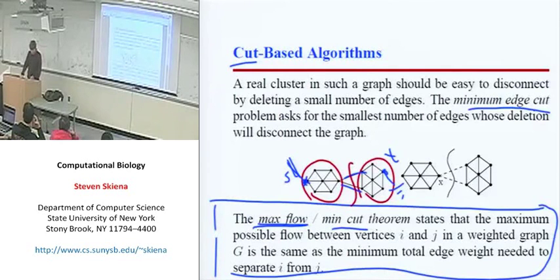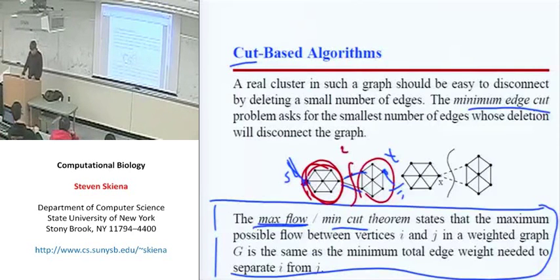If I want to have water flow from here to here, having a lot of pipes in there is fine, but there is no way I can get more than 2 units of flow from here to there if there is a cut here of 2 pipes that would disconnect it. Does that make sense? So there is this formal connection between the maximum flow through 2 points and the minimum cut between here and there. It's basically the same quantity.